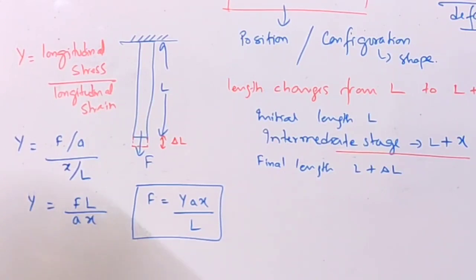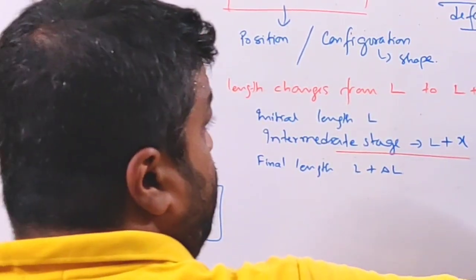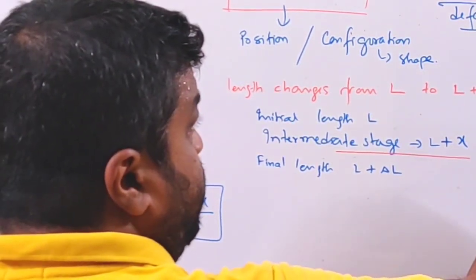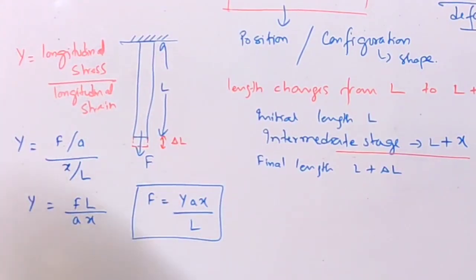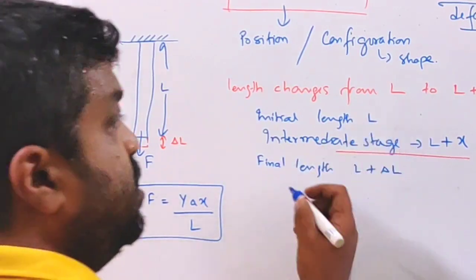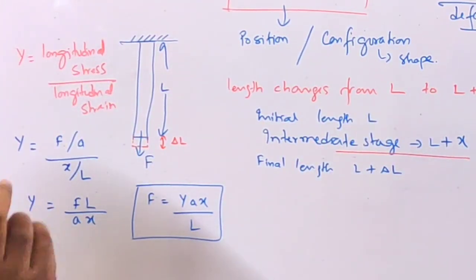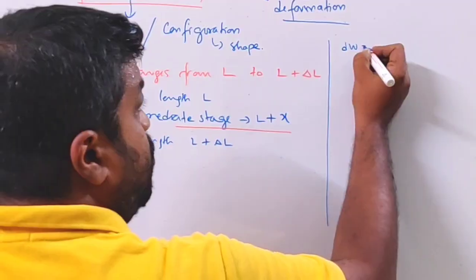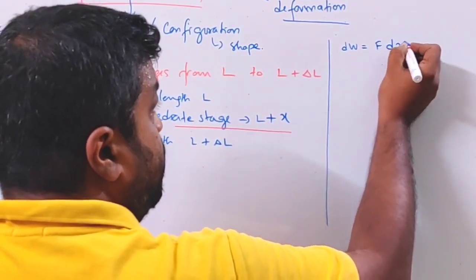Now the small work done dW to elongate this rod through an additional distance dx will be dW equal to F into dx.